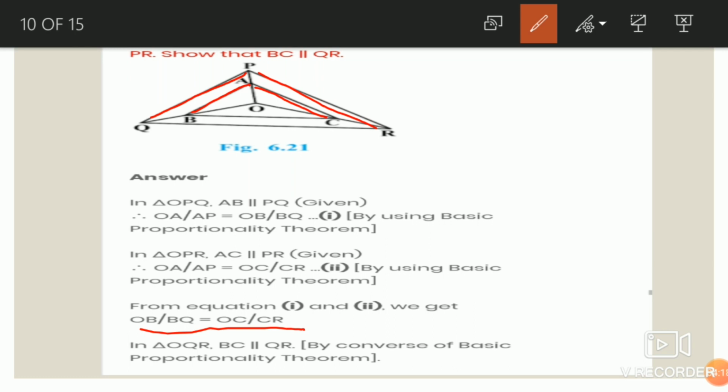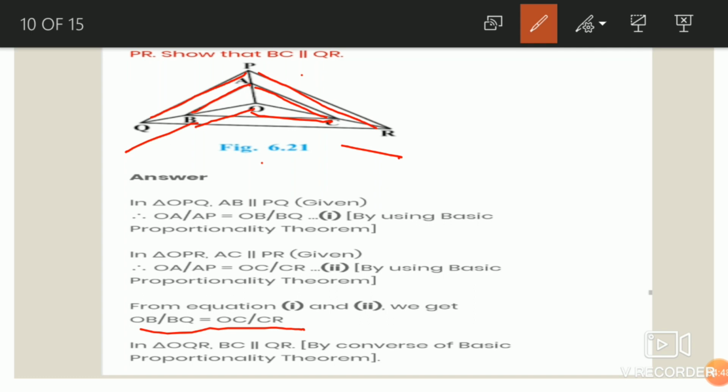Now, if we look into the diagram again and focus on the part OQR, we can see that OB by BQ is equal to OC by CR, right?